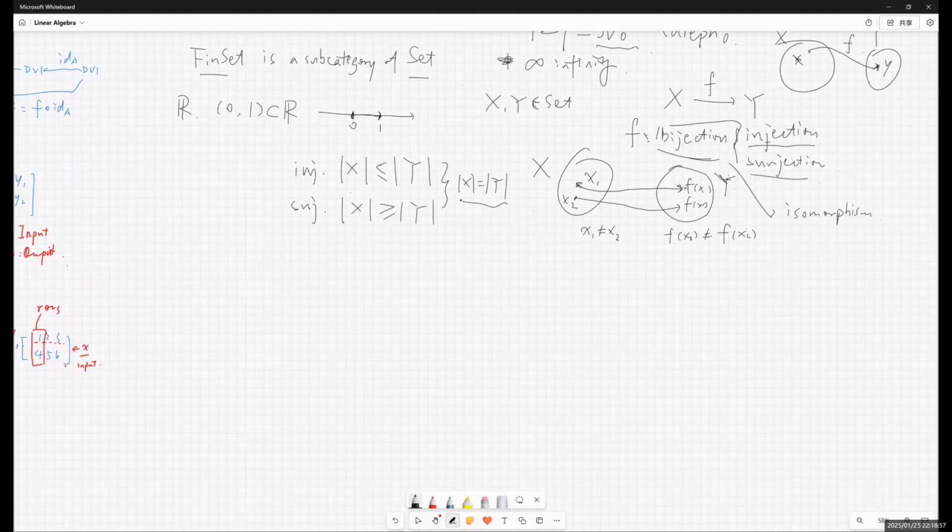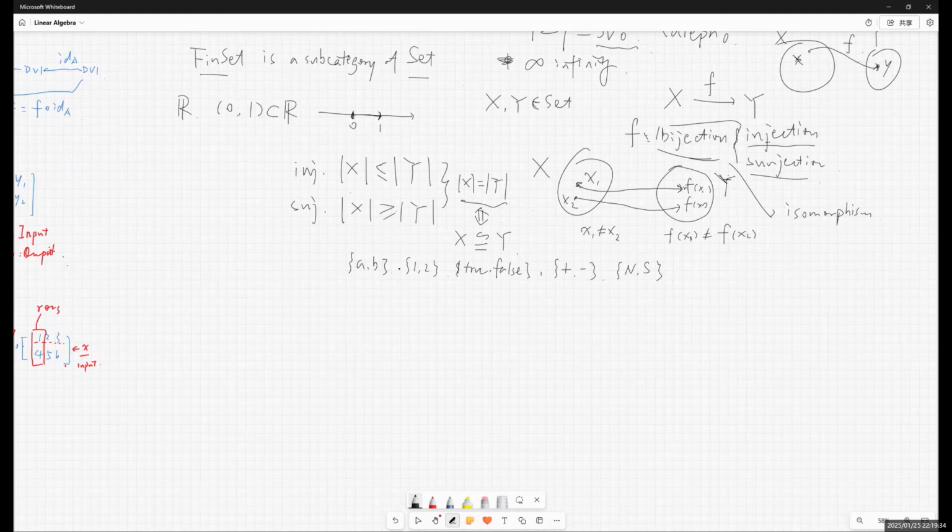So if we have X and Y with the same cardinality, we can say X is isomorphic to Y. For example, {A, B}, {1, 2}, {true, false}, {plus, minus}, {north, south}, they are all binary sets.